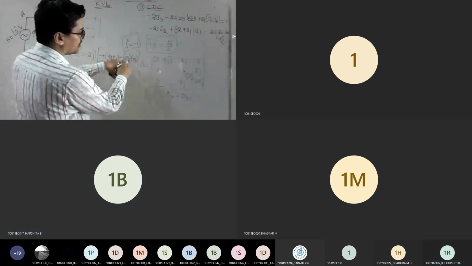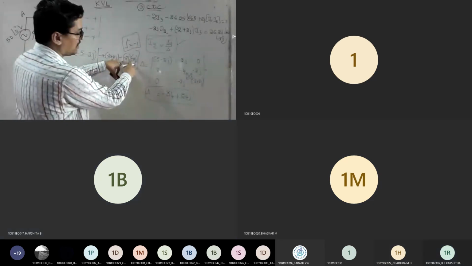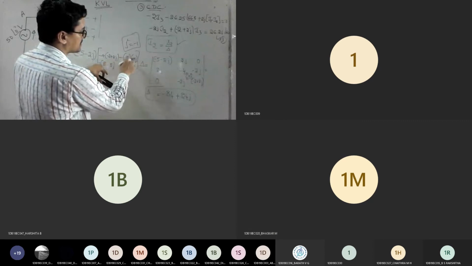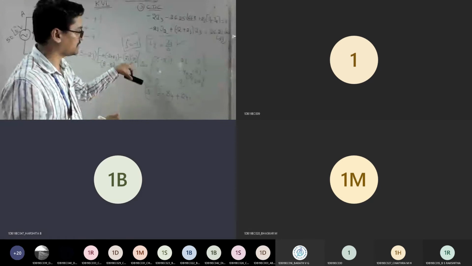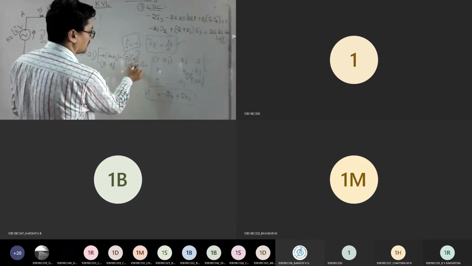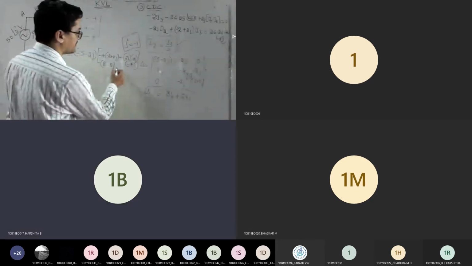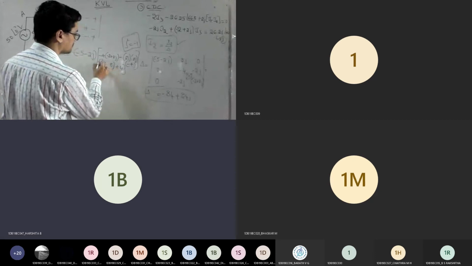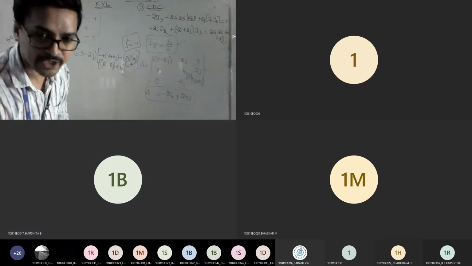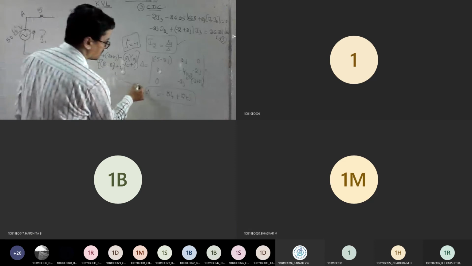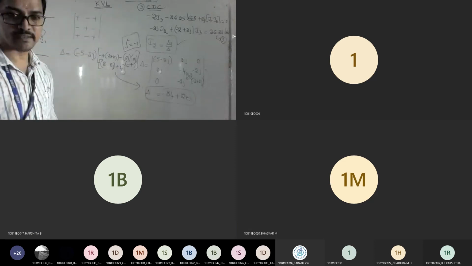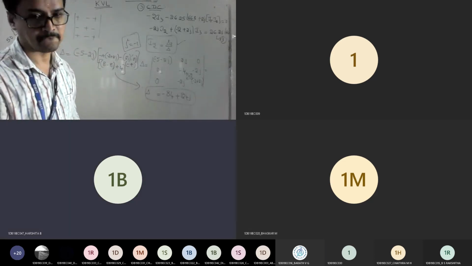So here it is 4j square, and minus minus becomes plus. 4j square gives minus 4 here, and minus of minus becomes plus 4. Am I correct? Yes, sir. Understood? So multiply these terms and check, is it your delta? Is it matching? Yes, sir.